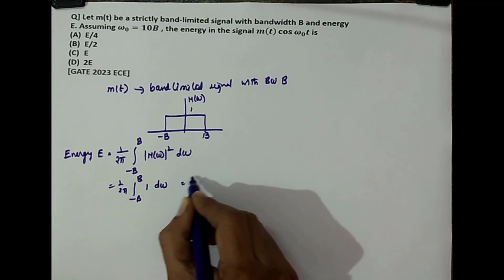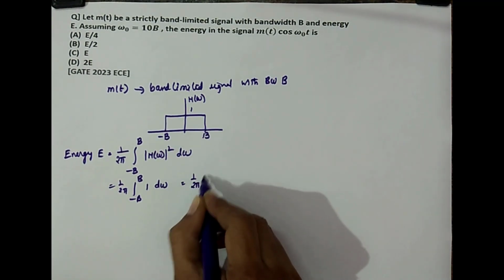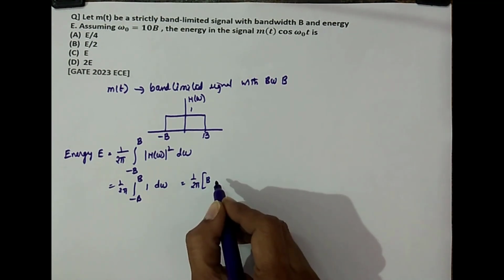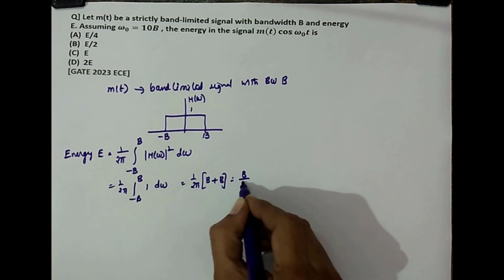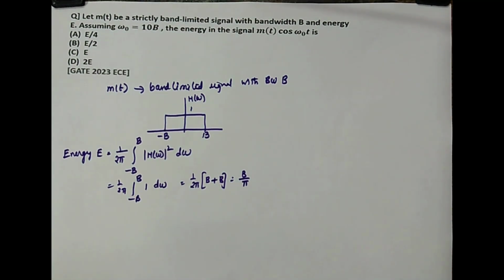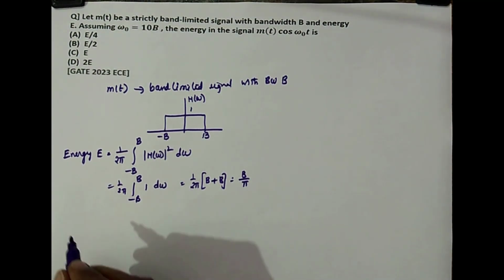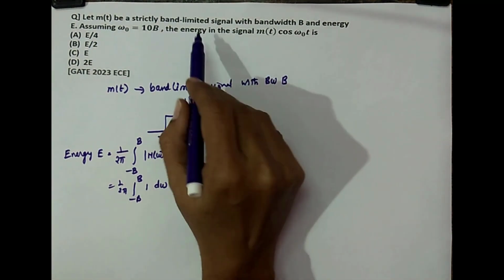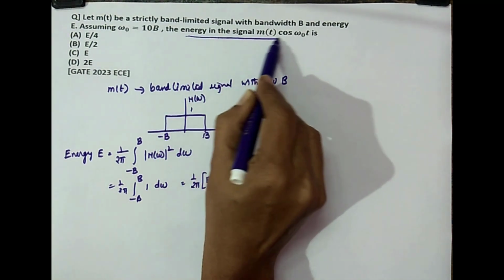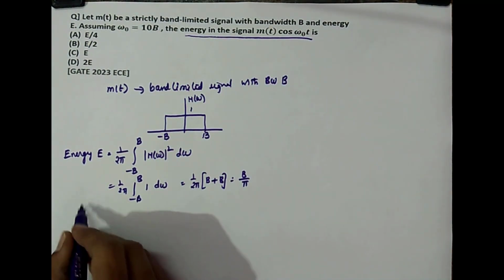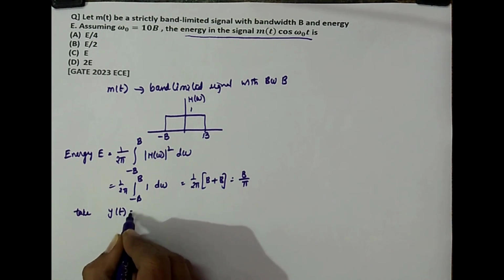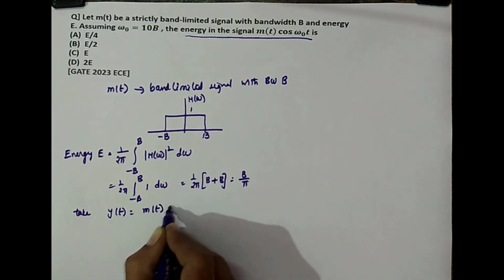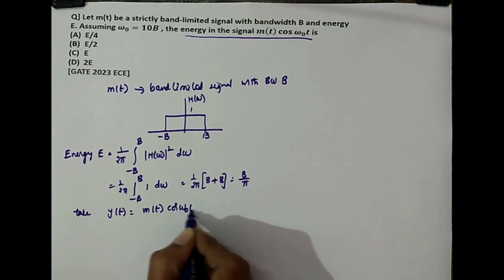So the answer is 1 by 2 pi times B plus B, which is nothing but B by pi. What you have to find? You have to find energy in the signal m of t cos omega naught t. Now take y of t as m of t cos omega naught t.